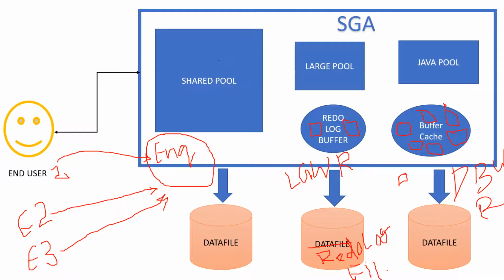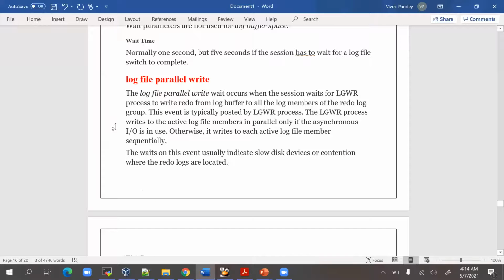So this is my redo log file, and LGWR wants to write the redo log buffer. If it is not able to write within some period of time, because of some reason, either your LGWR process is stuck somewhere or there is slowness on your IO system, then this scenario may result in log file parallel write wait events. The LGWR process writes to active log file members in parallel if asynchronous IO is in use.